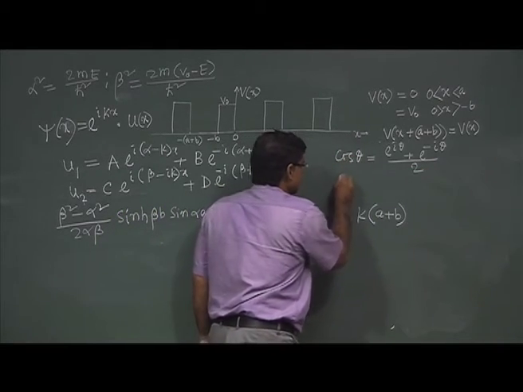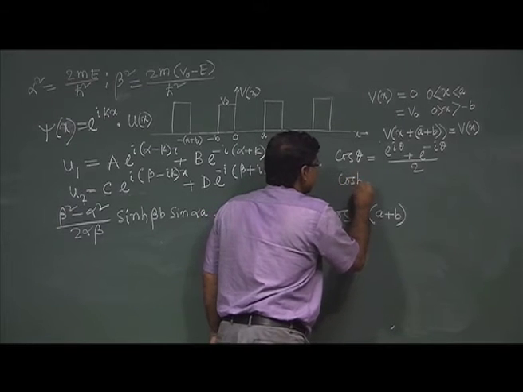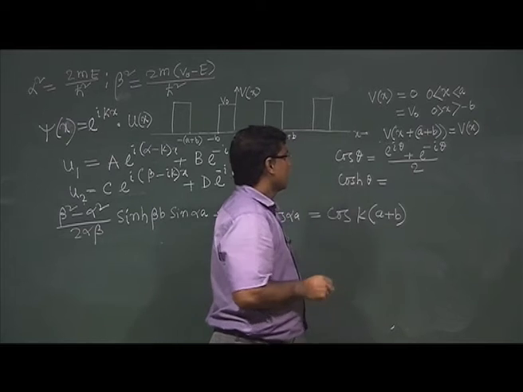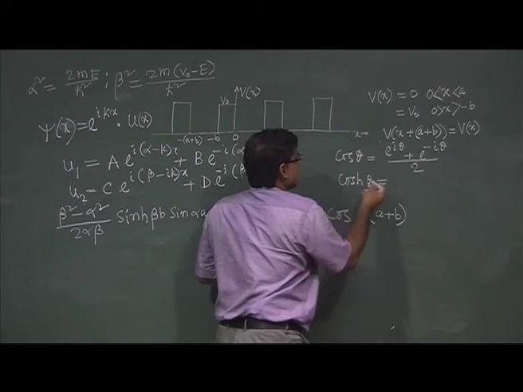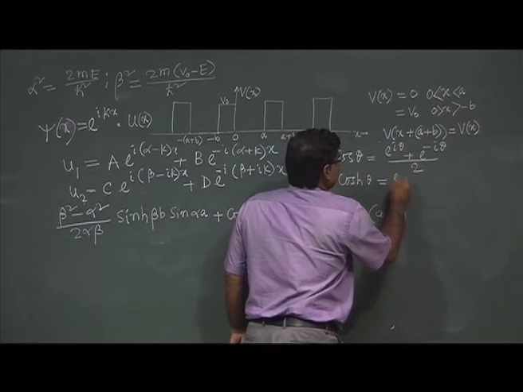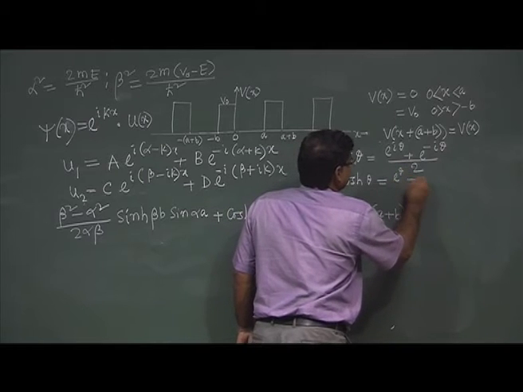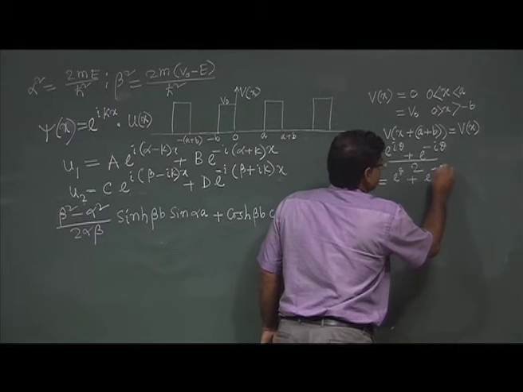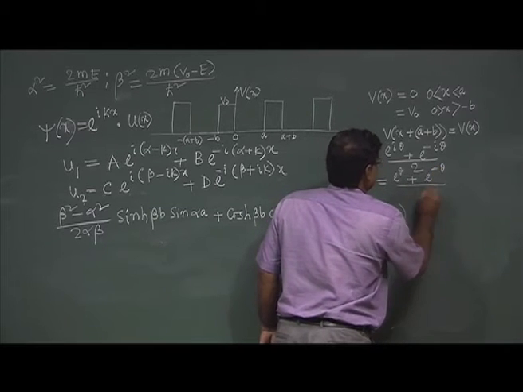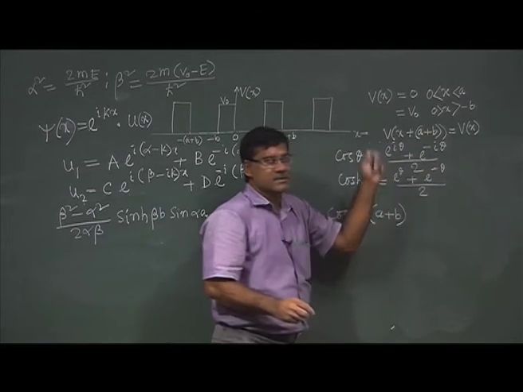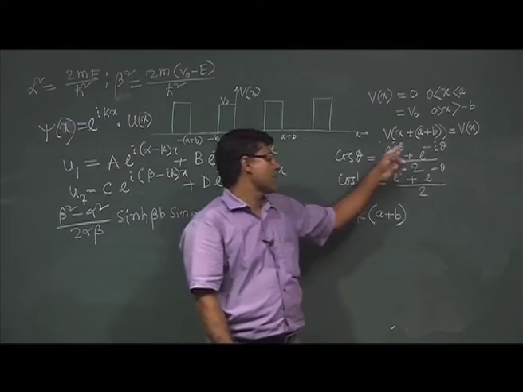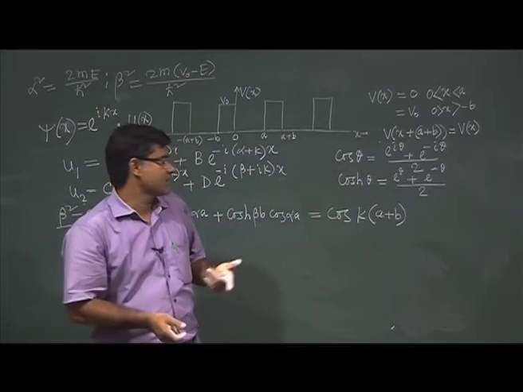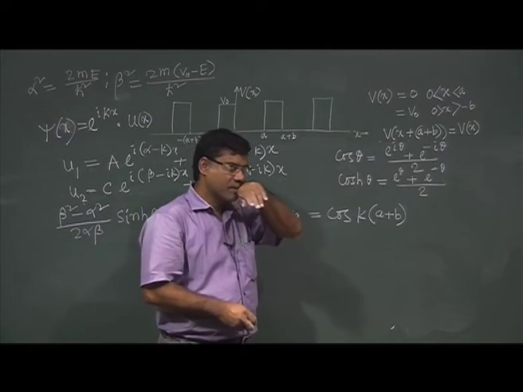Cos hyperbolic theta is basically e to the power theta plus e to the power minus theta divided by 2. When this complex i is not there, one just has to remove the i, and that function is called a hyperbolic function.